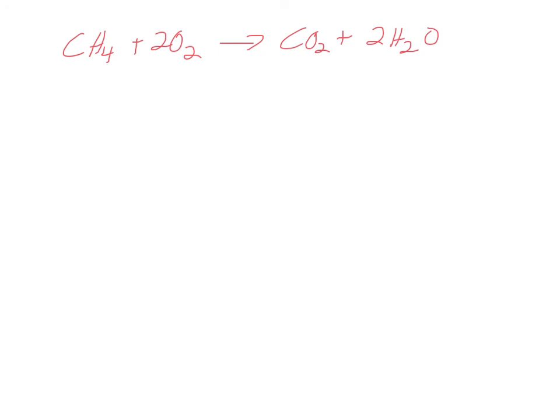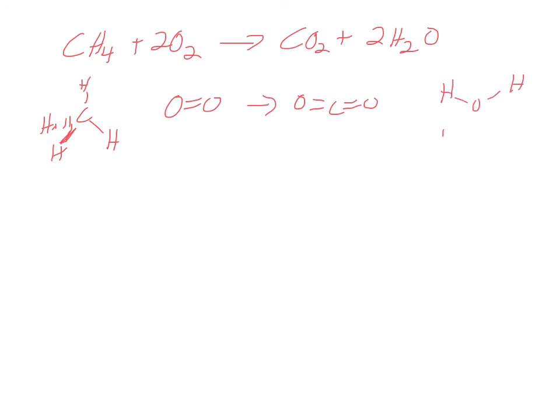So CH4, good old methane, O2, CO2, and water and water. They want you to calculate the delta H, the enthalpy for the following reaction using the bond association energies.